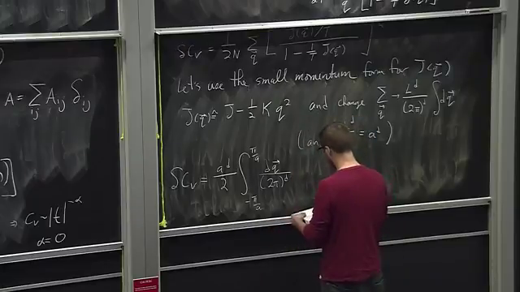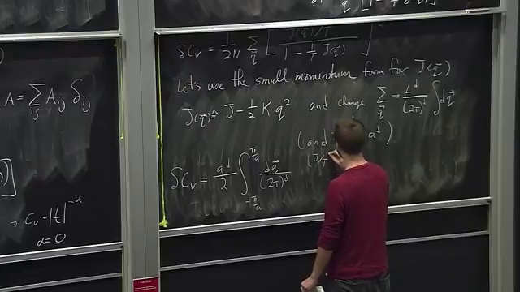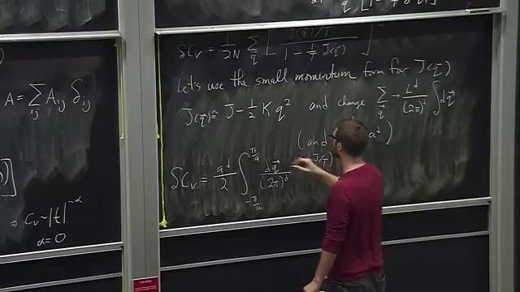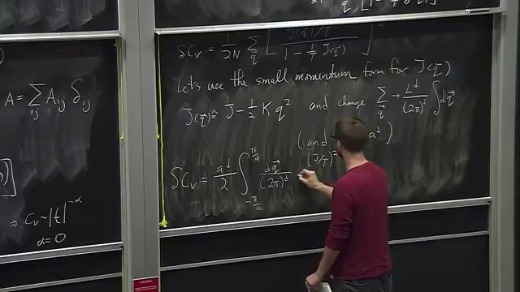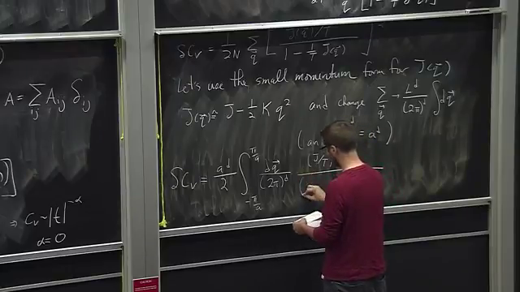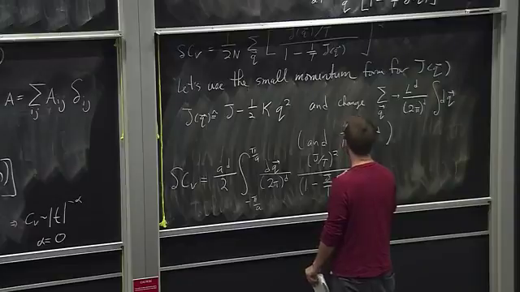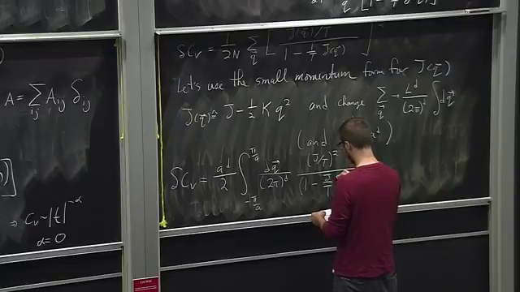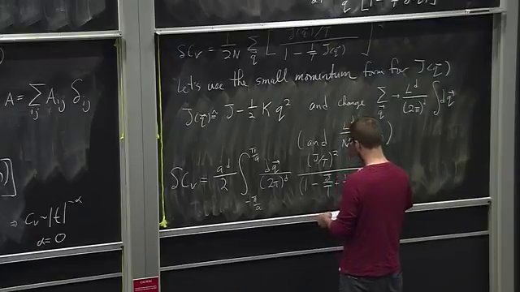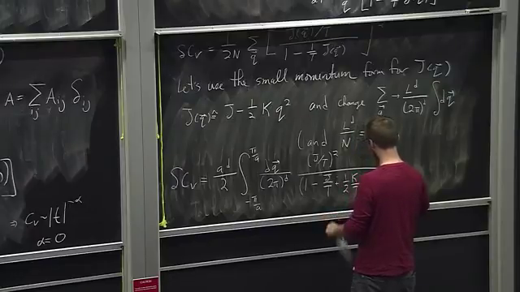Then I have J over T from this piece squared. I'll just write it like this, and 1 minus J over T, q squared, all squared.